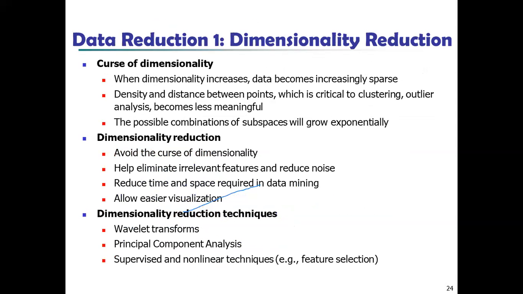See here, this is dimensionality reduction. How can we reduce the data? First is the curse of dimensionality. When the dimensionality increases, data becomes increasingly sparse. Density and the distance between points, which are critical to clustering and outlier analysis, become less meaningful.